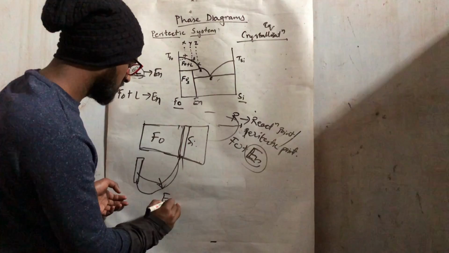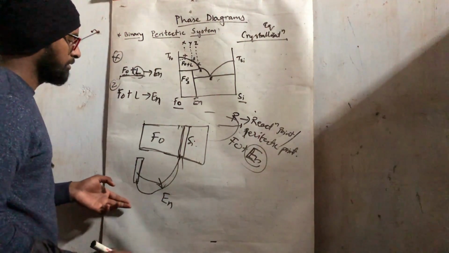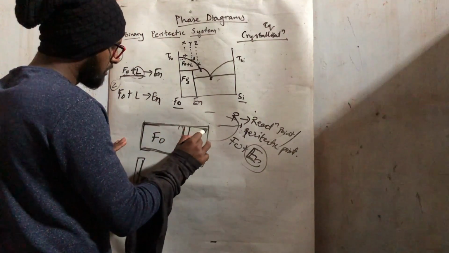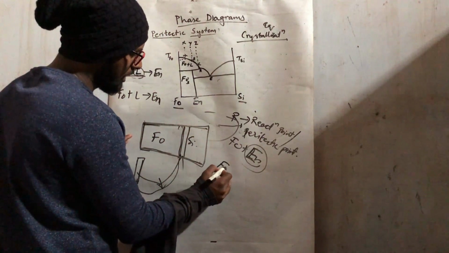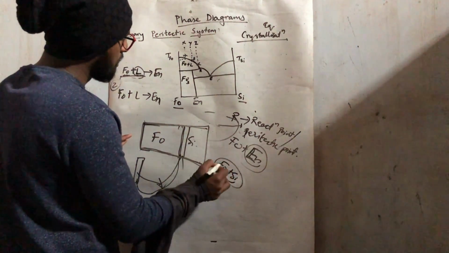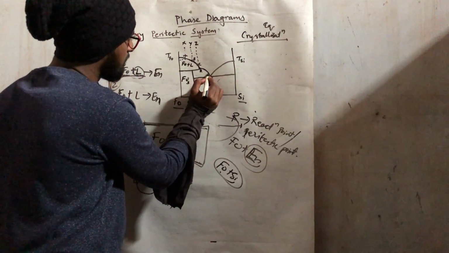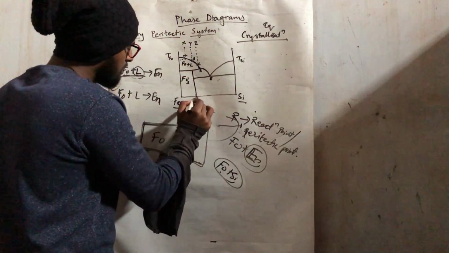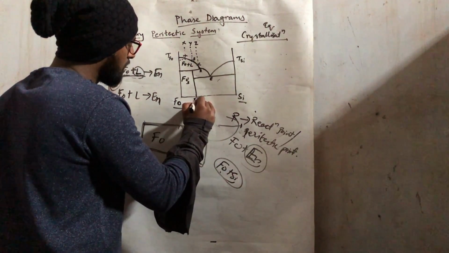Therefore, only this much percent of enstatite will form. And now this total melt that contains forsterite plus silica will have a different behavior here, because it has crossed the line, which is called a critical line.